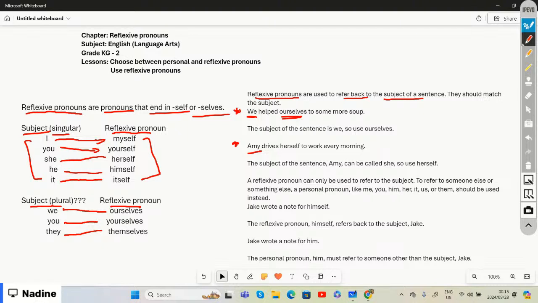All right. And we said Amy, if we were to replace Amy with a pronoun, then we can say she drives herself to work every morning.